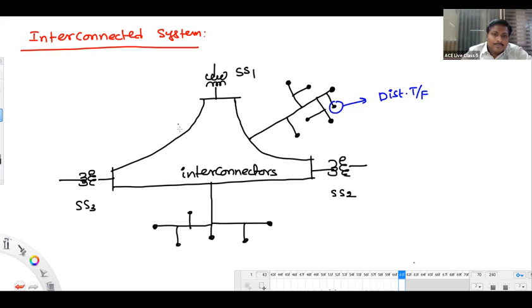Like this, you can say. And here also, you can call it in this manner: a number of substations, a number of distribution transformers connected.